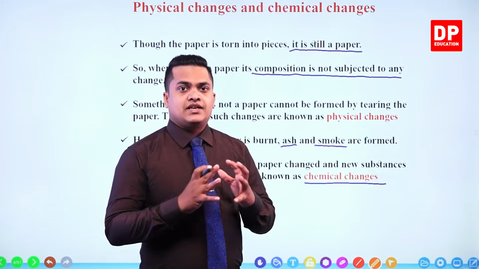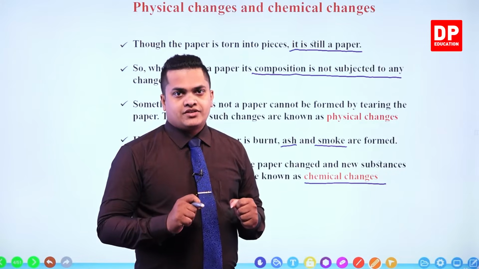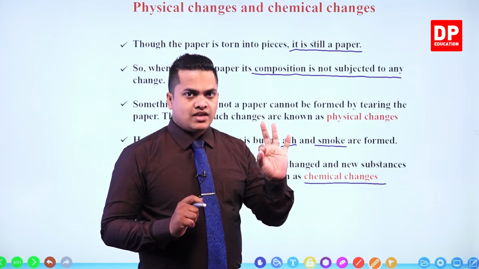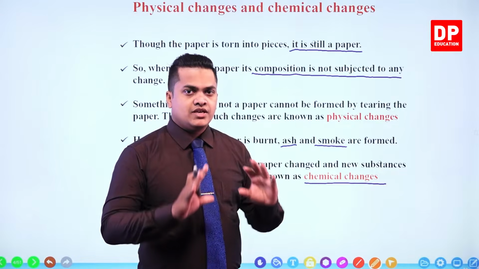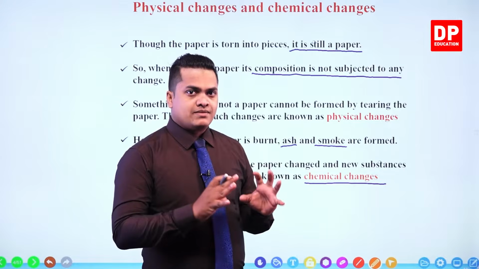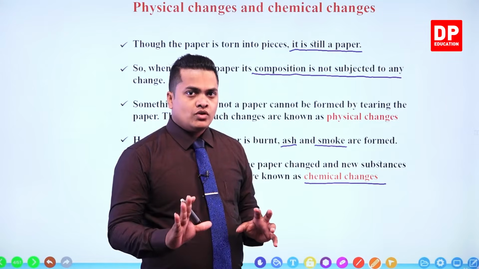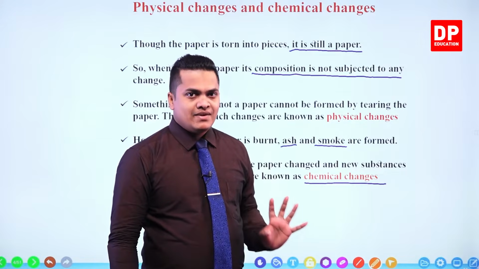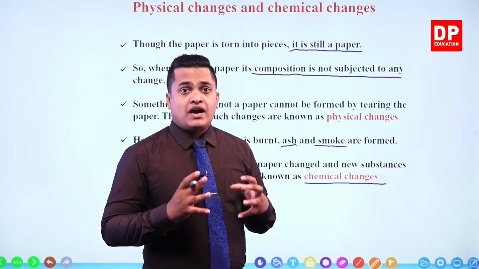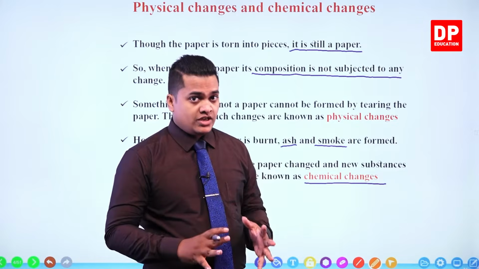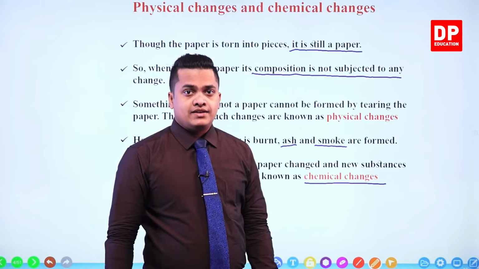So my dear children, these are the two main changes that can happen to matter: physical changes and chemical changes. In a physical change, composition remains the same, and the arrangement of the particles remains the same. There is no creation of new particles or new materials. In a chemical change, the arrangement of the particles is going to change, the composition of the material is going to change, and new substances are getting created.